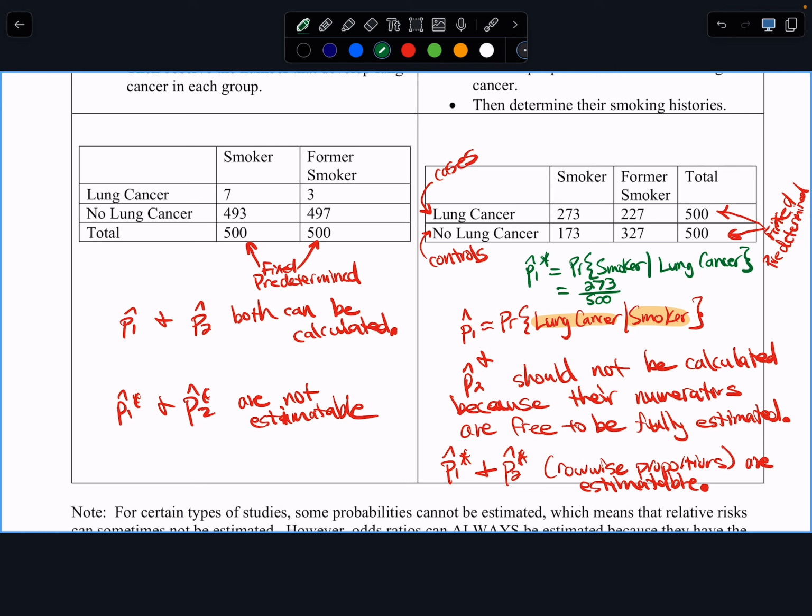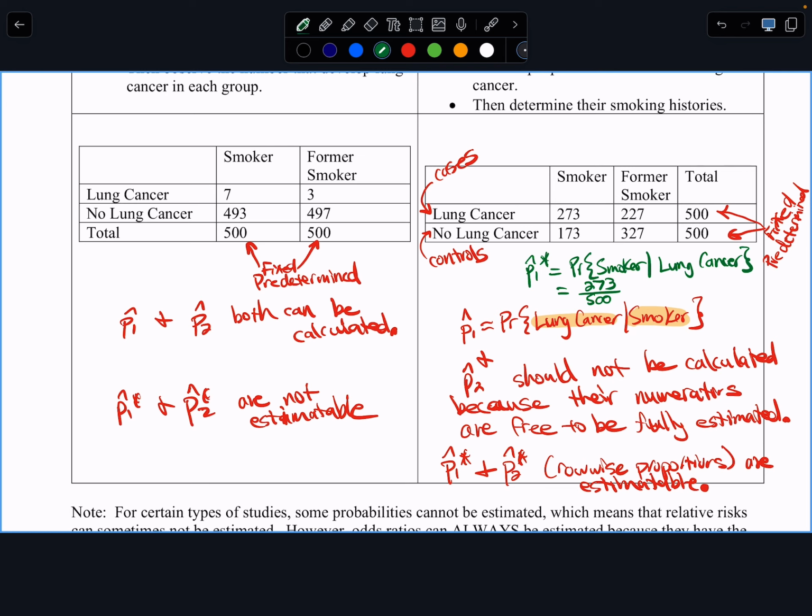Any other questions? All right, so what types of variables were all of the studies, or all of the problems in chapters 9 and 10? What types of variables were in those studies? John?